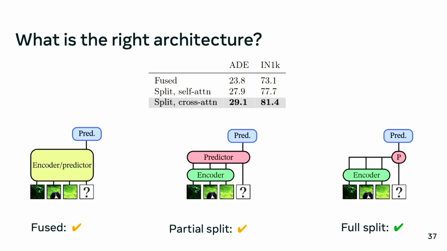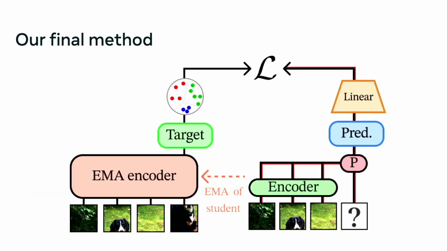Free lunch. That's nice. This is what it looks like if I do the same diagram as in the beginning, but replace all of the components. We have our EMA encoder, again our opinionated choice. This is the EMA of this encoder component here, and it encodes the patches of the teacher, and you get a pretty semantic patch here, but you forward it through this clustering to get the clustering assignments.